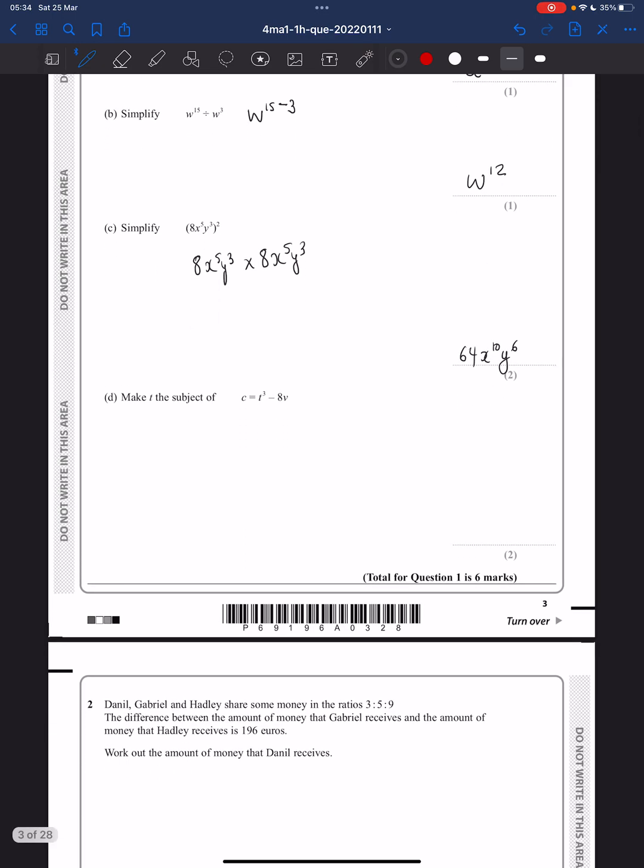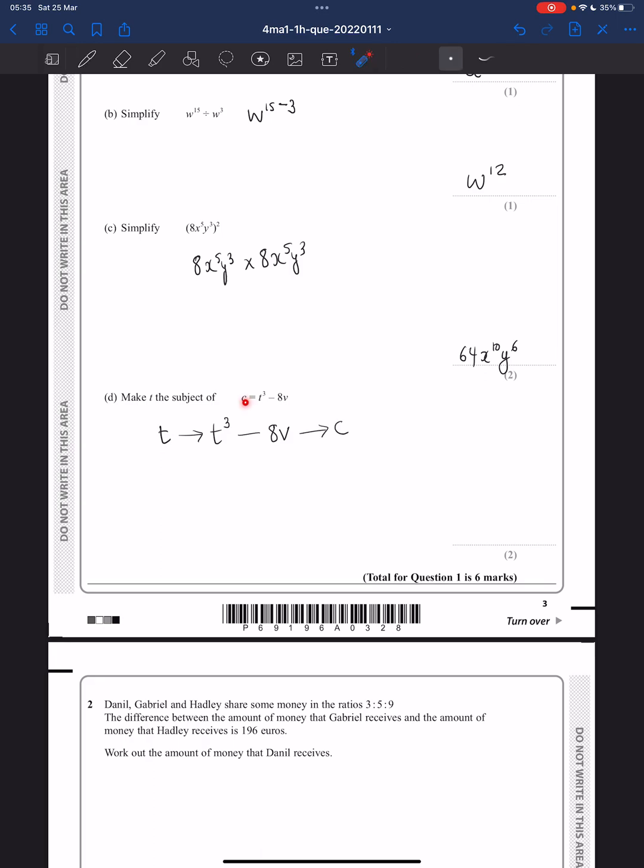Okay. Next one. Make t the subject of c equals t cubed minus 8v. So what we do here, let's see what happens to t. And that helps us make t the subject. The first thing we do is we cube it. And the next thing we do is we subtract 8v, and then out comes c.